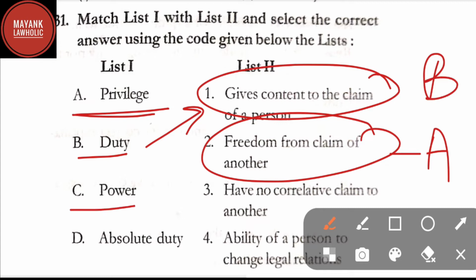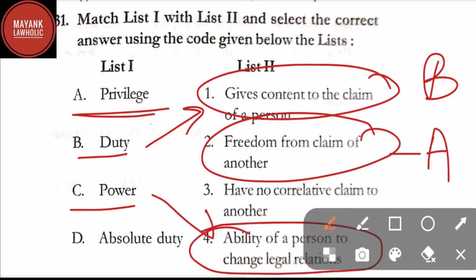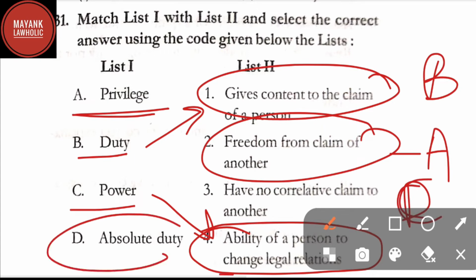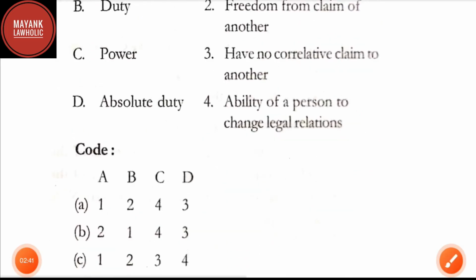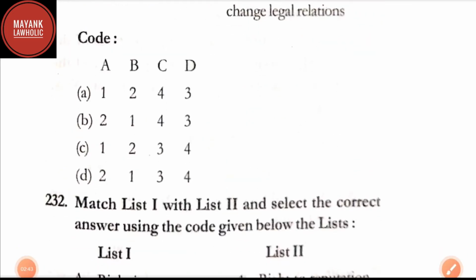And power: the correct match for this will be ability of a person to change legal relations. And the last one, absolute duty: the correct match is have no correlative claim to another. So by going through these matches, the correct answer here in question number 231 will be option B.